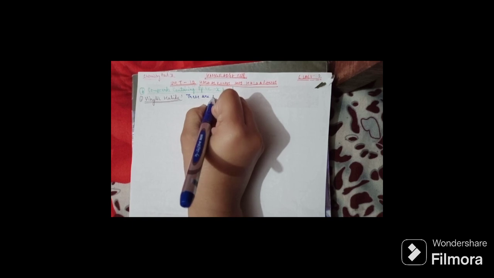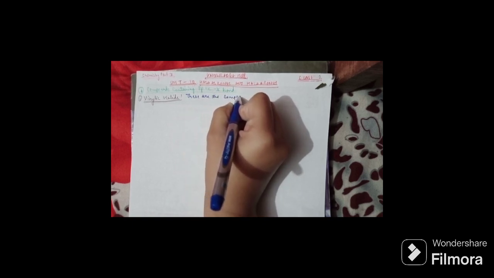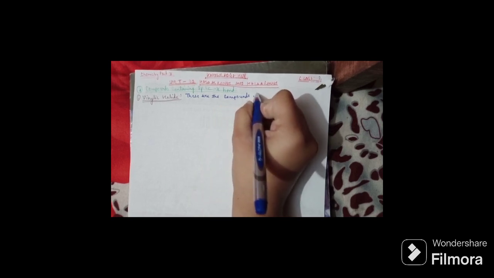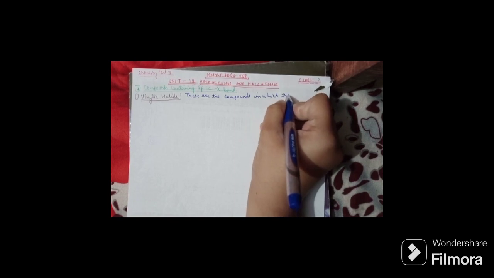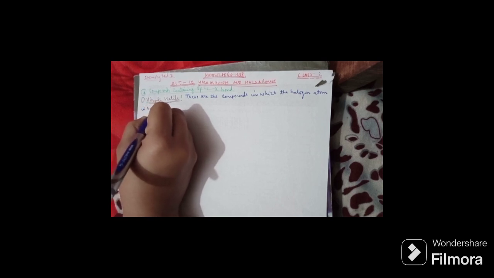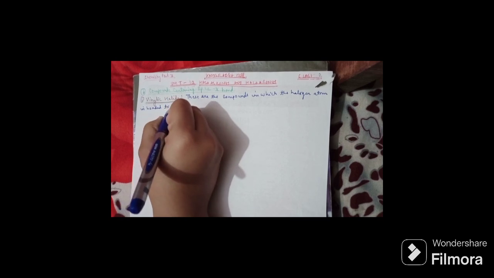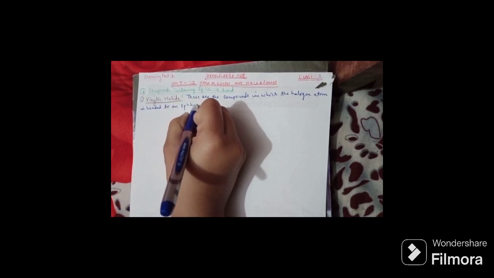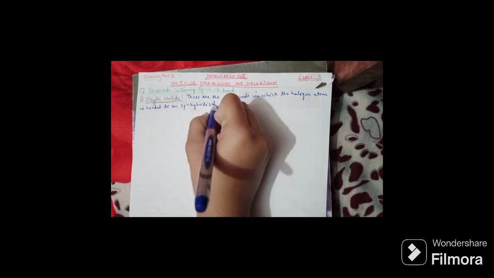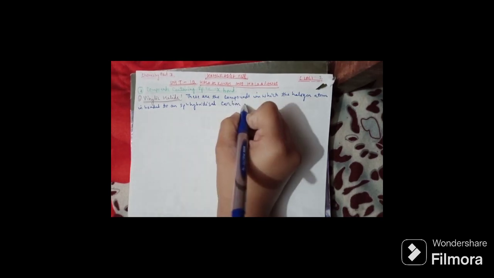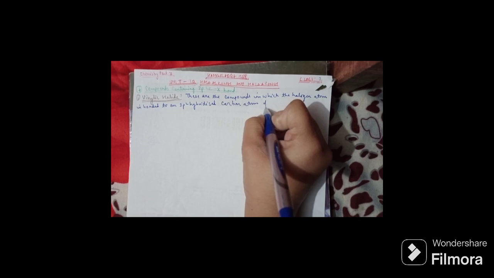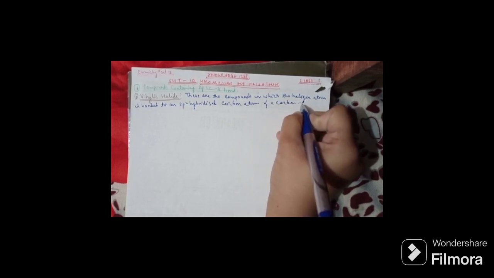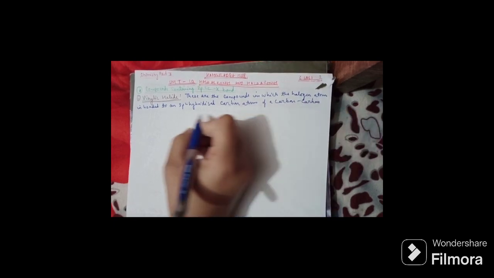These are the compounds in which the halogen atom is bonded to an sp2 hybridized carbon atom of a carbon-carbon double bond.